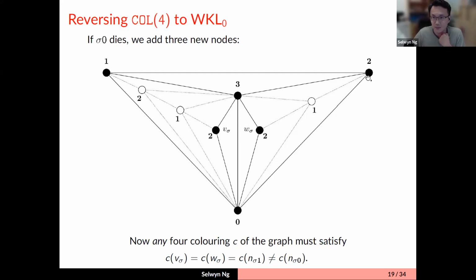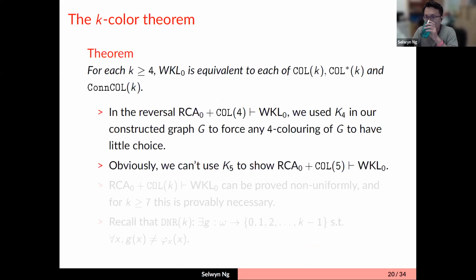So that's an easy encoding of the tree into the graph. From this we can deduce that the 4-color theorem and its variants are equivalent to Weak König's lemma.